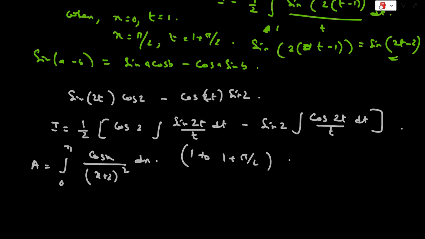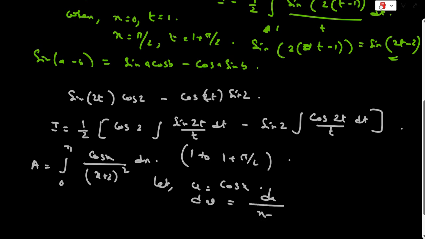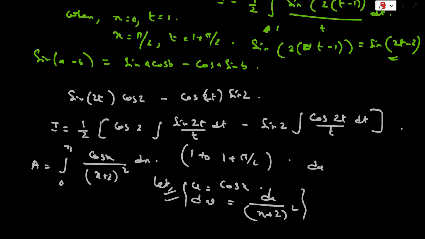Now let u equal to cos x, so dv is basically dx by (x plus 2) whole square. Then du is minus sin x dx, and v will be minus 1 by (x plus 2). Now apply integration by parts.